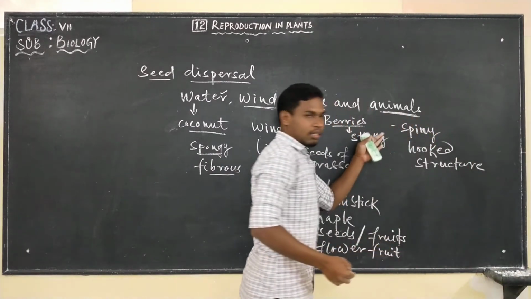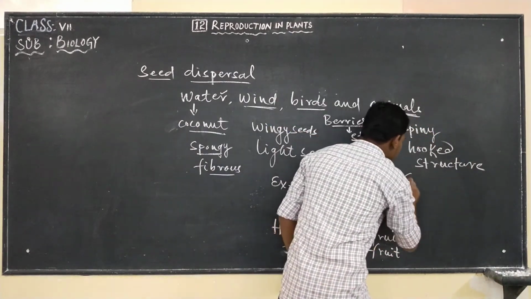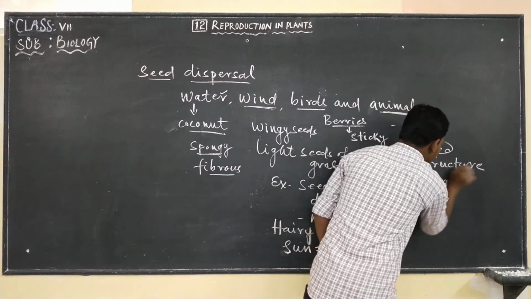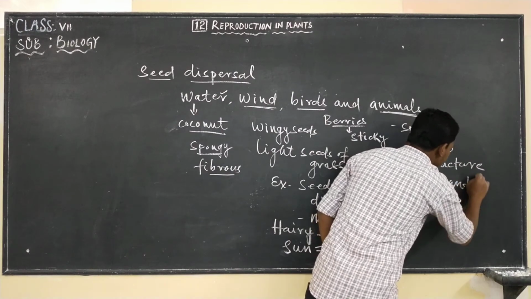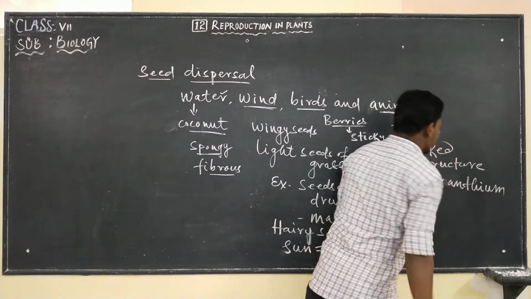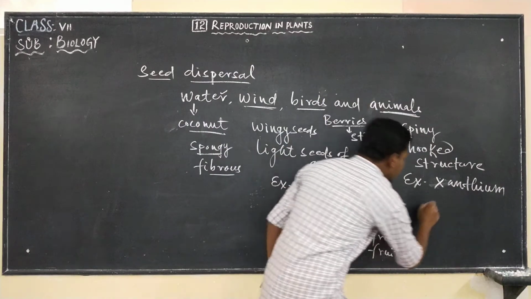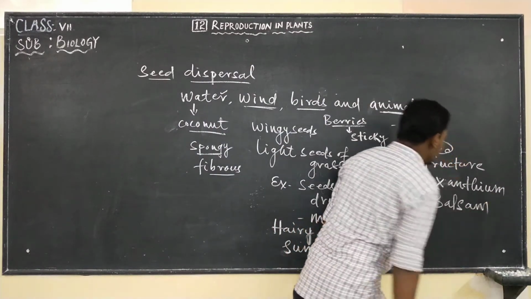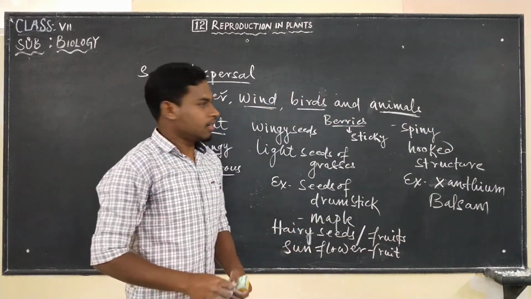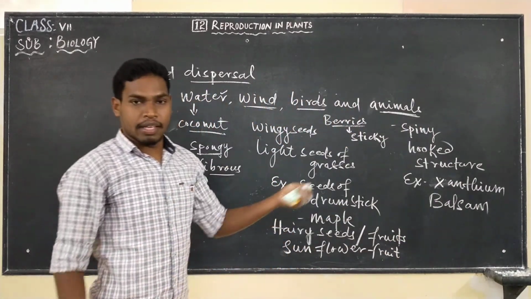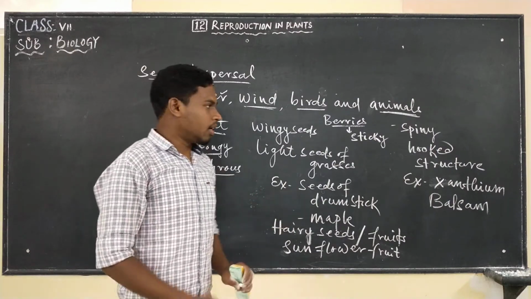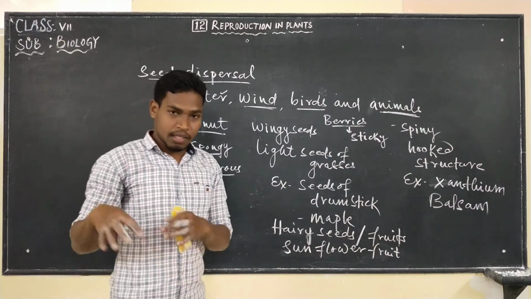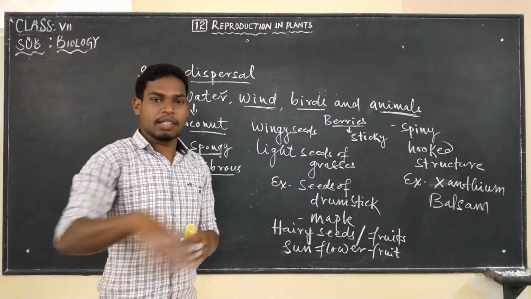These seeds are dispersed by animals. Example, xanthium and even balsam. Xanthium and balsam are the seeds that are stuck into the bodies of animals, and they are carried from one place to another place. So this is how we see same plants in different regions.